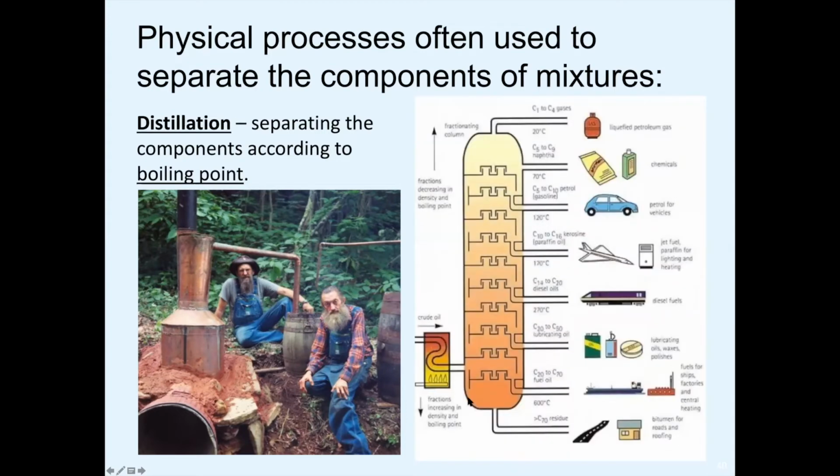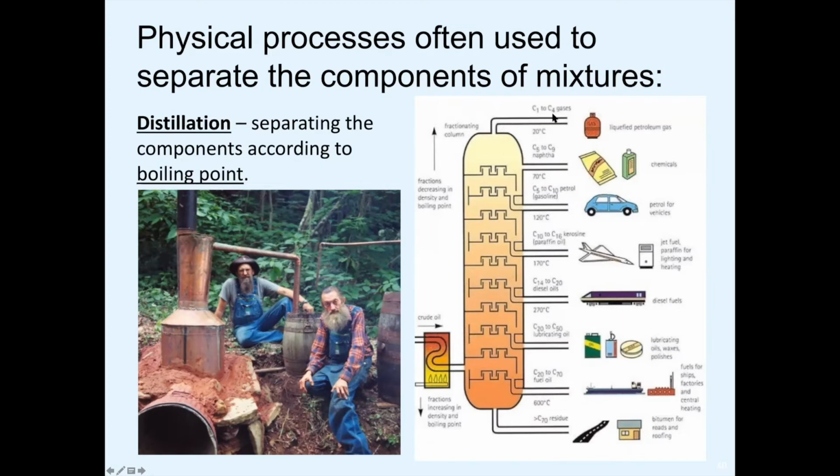Okay, well, the same process essentially is used to purify the different parts of crude oil. So this is how we convert crude oil from the ground into a lot of different products that we use every day. So, just the gasoline that we use in our cars is just one component of crude oil. But there are also chemicals that we use, like propane, like we talked about earlier. Lots of other chemicals, they just have different boiling points.